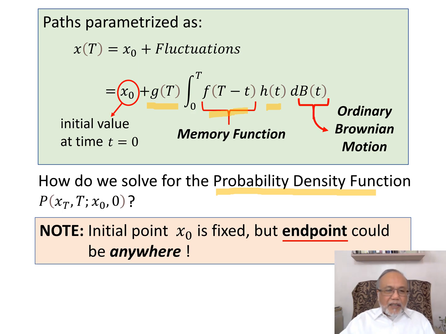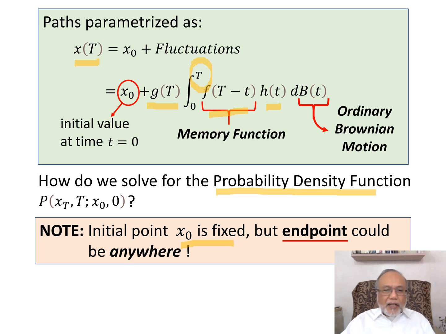First, we observe that the way we parameterize our fluctuating variable x capital T is such that the initial point is actually fixed. So we have initial point plus fluctuation, and it could end anywhere. At some final time, capital T, the fluctuation could end anywhere, but we just have the initial point fixed.